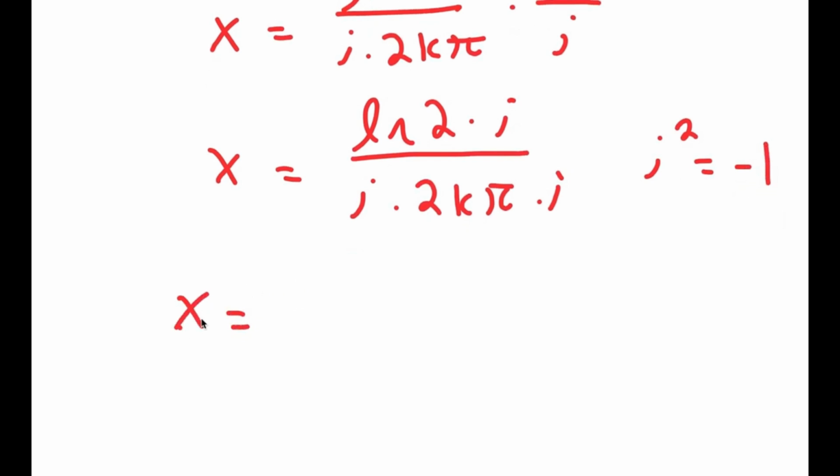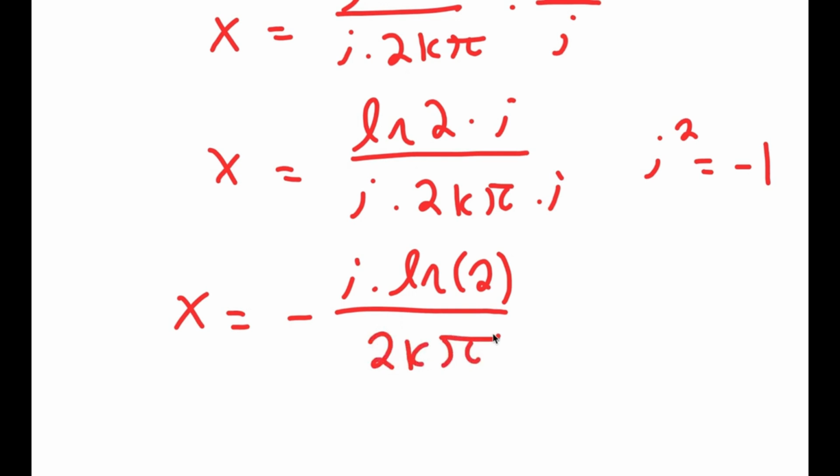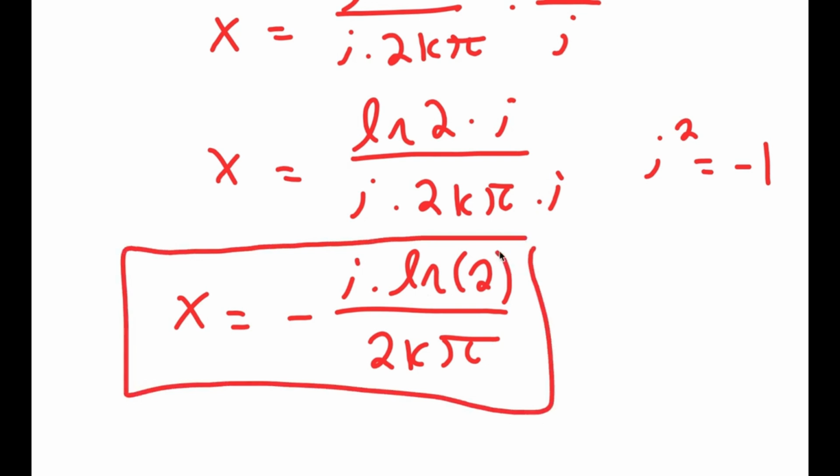So now I get x is equal to negative i times ln of 2 over 2k pi. So this is my answer to this equation.